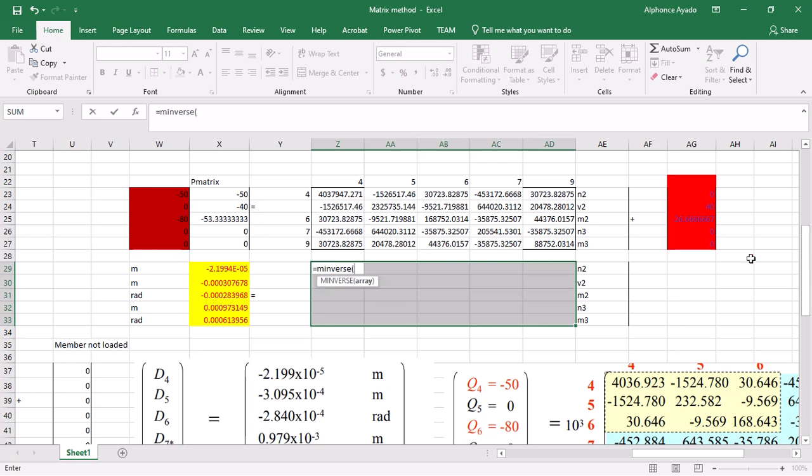Sorry, you have to start with MMULT, because you multiply the inverse.